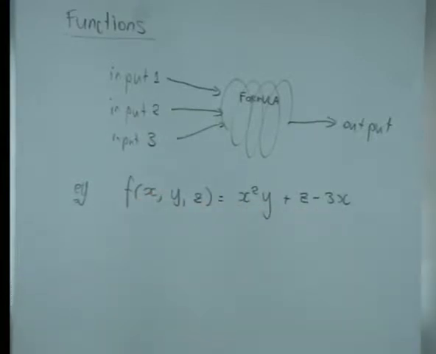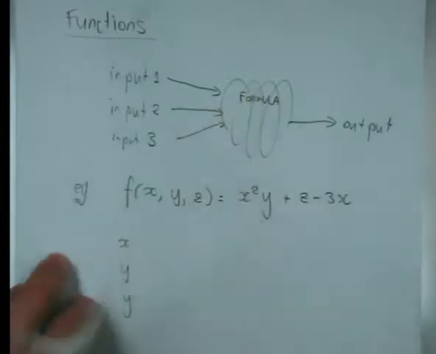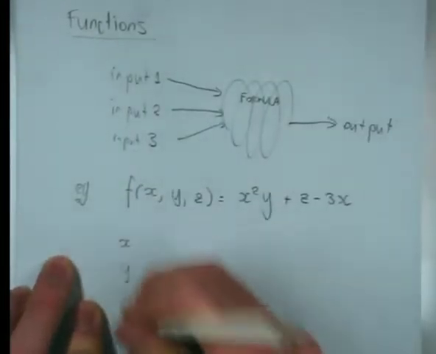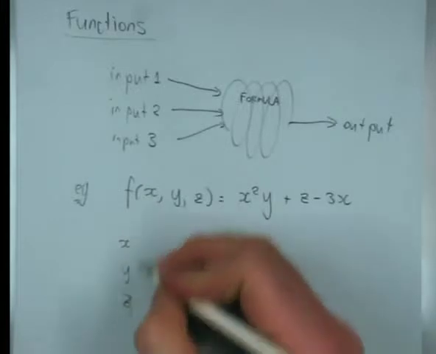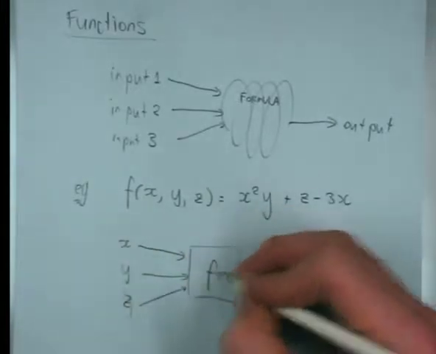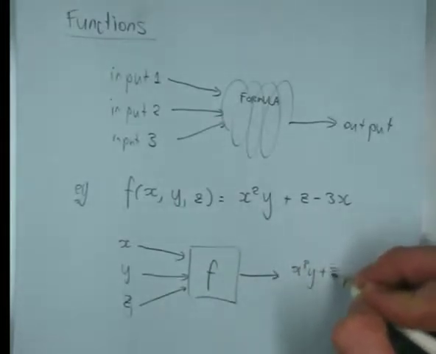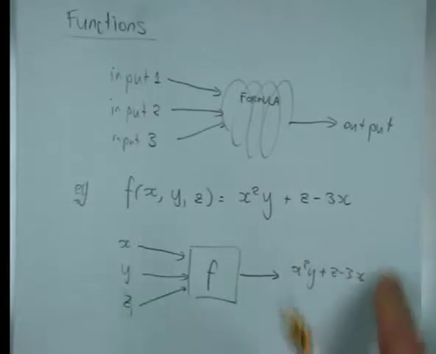It produces an output. So in terms of my picture, I've got my input x, my input y, my input z, and I put them all into my function, which is called f, and it spits out this output. The idea is you figure out what this number is, and then that's the output.